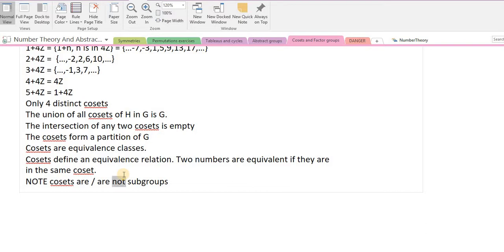The answer is not. You could say not closed. You can say because they don't contain the identity. So make sure you don't trip up on that. Cosets are not subgroups.